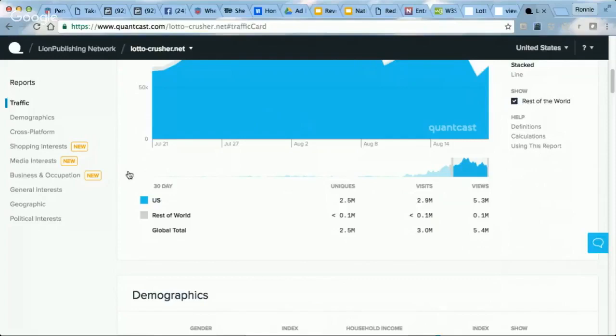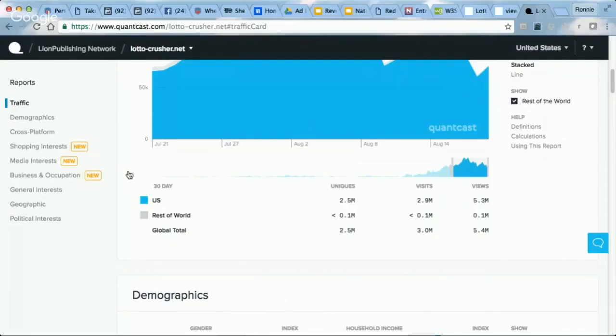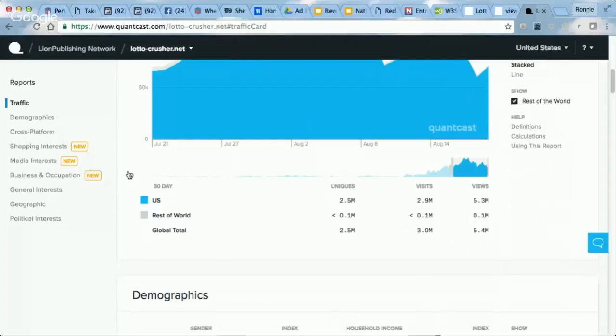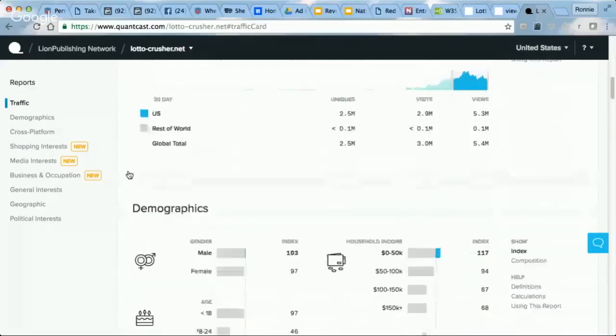It's 2.5 million unique people and then 2.9 million visits. It's not like Huffington Post where they'll have 1 million unique visitors but 50 million page views. People are really just coming to this site and either buying something or not. So this is direct response advertising here.